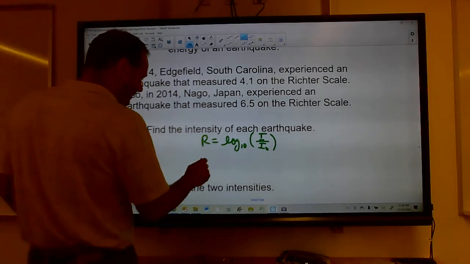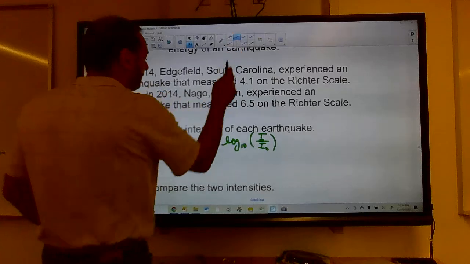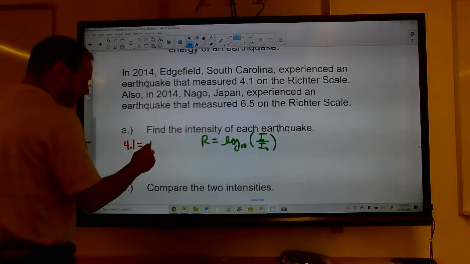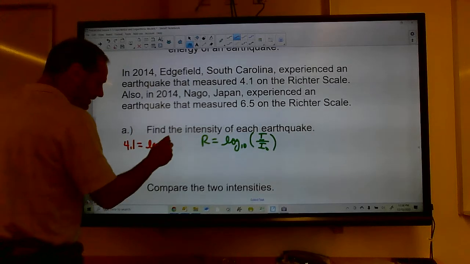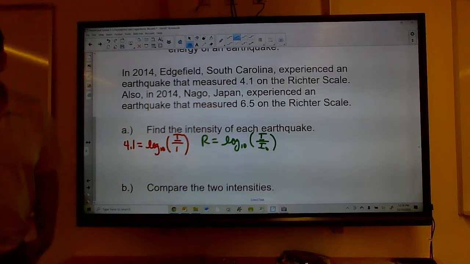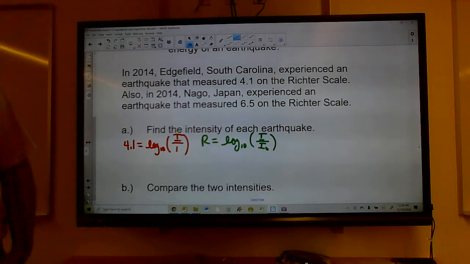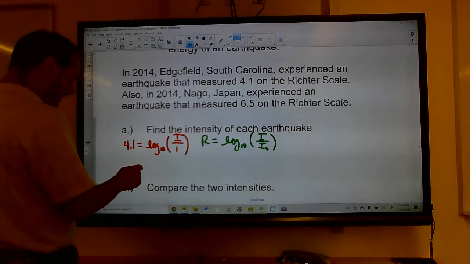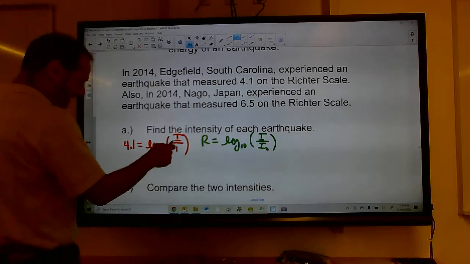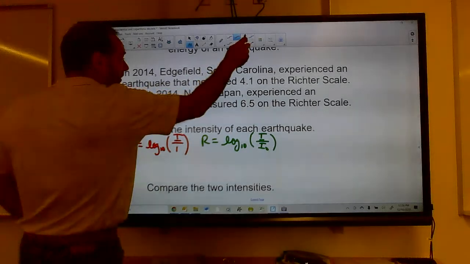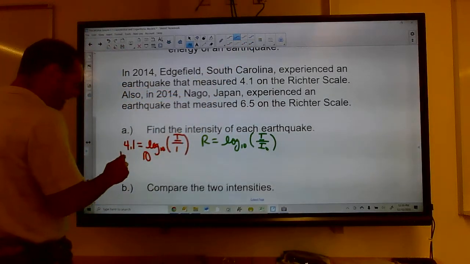So the first one was 4.1 equals the log base 10 of I divided by 1. I want to get rid of the log base 10, so I'm going to take 10 to both powers.